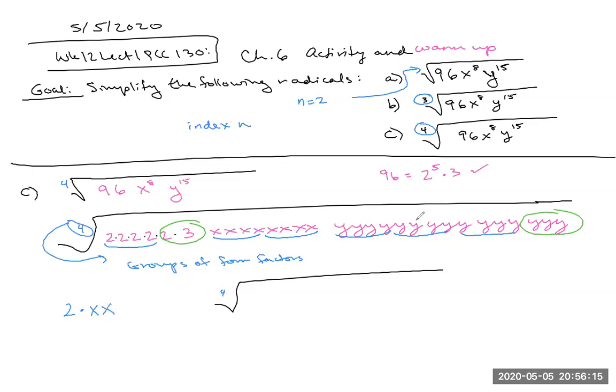We have 1, 2, 3 y's. And then underneath the radical sign, you're going to have 2 times 3 y to the 3rd. So simplified, you get 2x squared y to the 3rd, 4th root of 6y cubed.